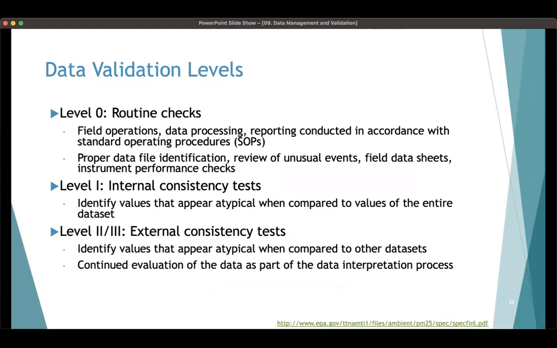Okay, now we have the data validation levels. What are the data validation levels we have? We have a few levels.